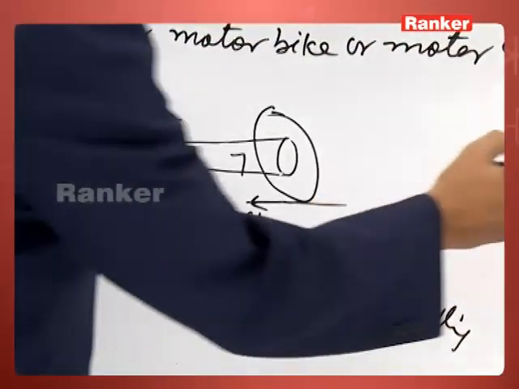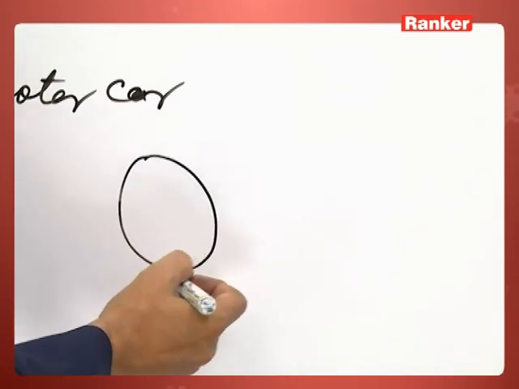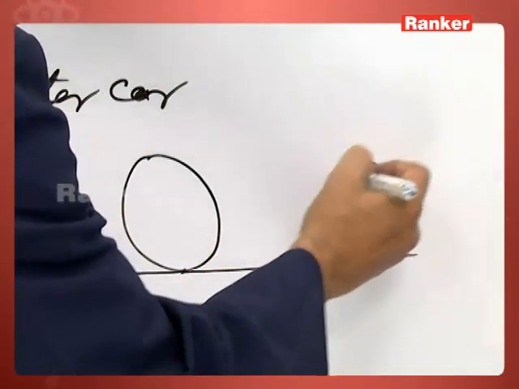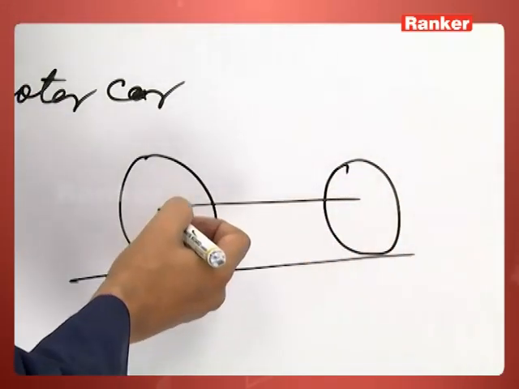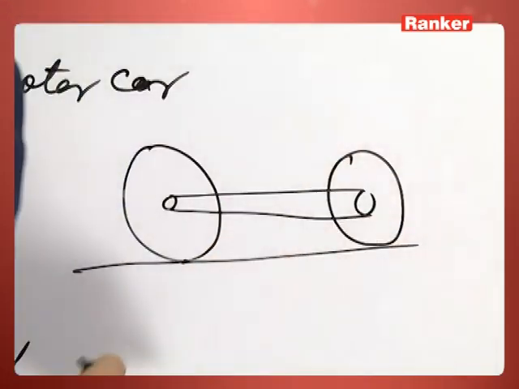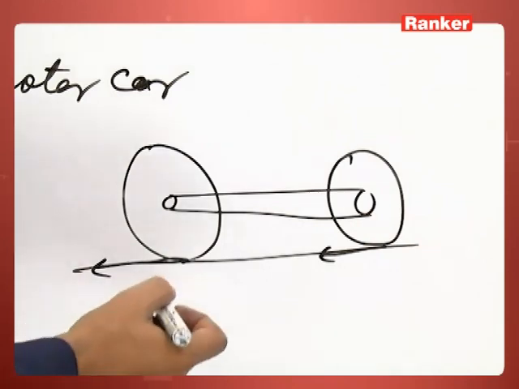Suppose there is no paddling but the wheel is still moving. In that case, in both wheels, friction acts in the backward direction.